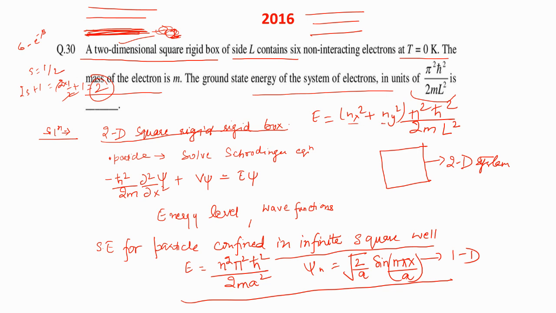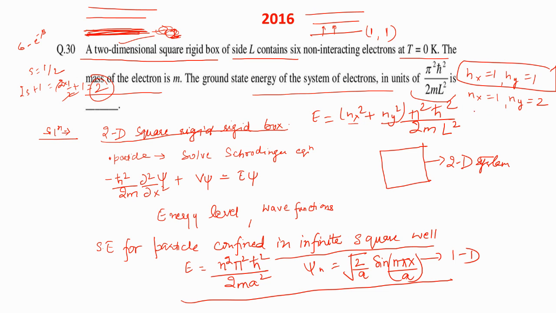So now we will fill these 6 electrons in these quantum states. So nx, ny, first we will fill 1 1, right? The first state will be 1 1. So in the 1 1 state we have two electrons. Any problem? First is nx equal to 1 and ny equal to 1. So in this state we have two electrons. Okay, now the next state will be nx equal to 1 and ny equal to 2.